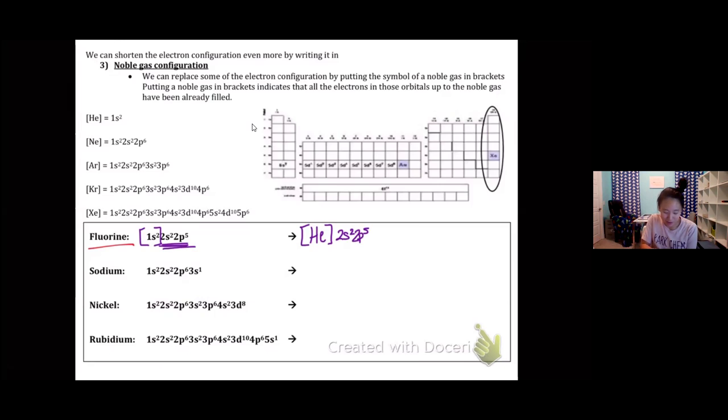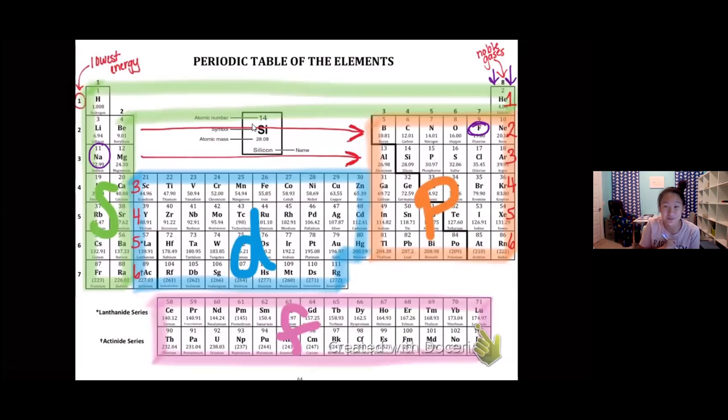Sodium is element number 11. It's here. Okay, so then you ask yourself, what's the noble gas that comes before sodium? Not after sodium, so it has to be a number smaller than 11, right? The noble gas smaller than 11 is number 10. It's neon. Right here, right? So let's think about where neon is located.